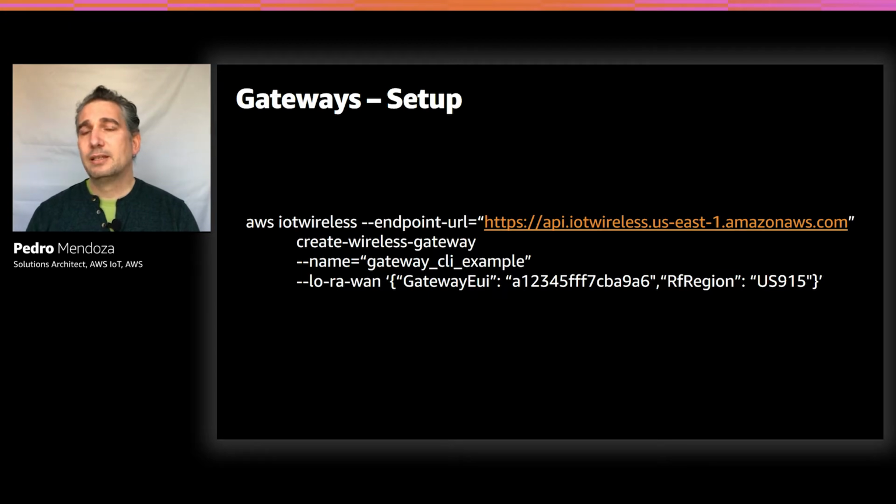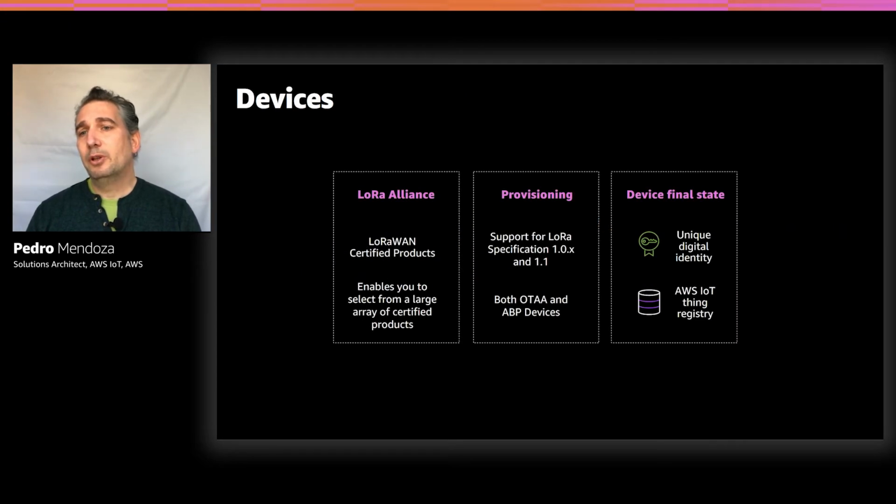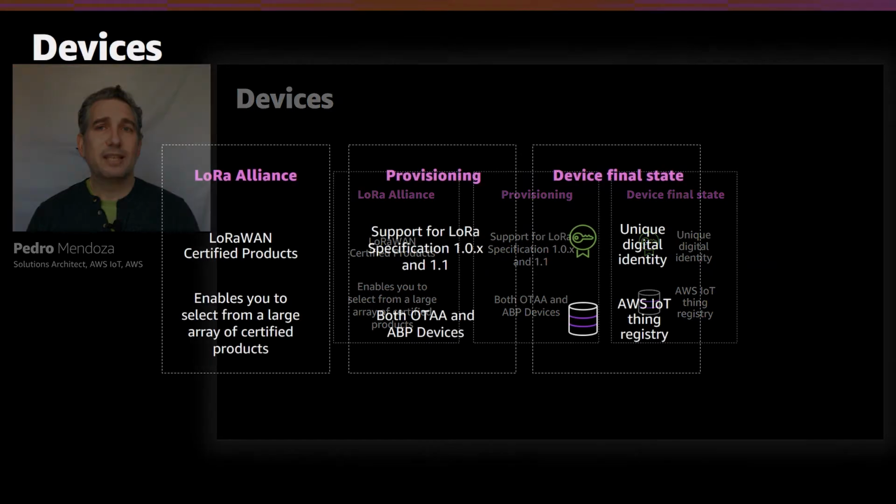Moving to the devices, in this case, we are talking about devices that support either the 1.0.x or 1.1 LoRaWAN specification, and we support both over-the-air activation as well as activation by personalization mechanisms. The main difference is that in ABP, or activation by personalization, the security keys that guarantee the confidentiality of the data transmission are pre-programmed, so it is less flexible.